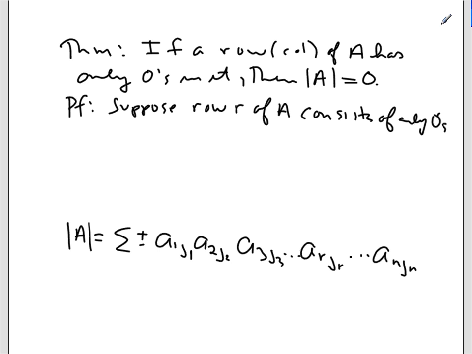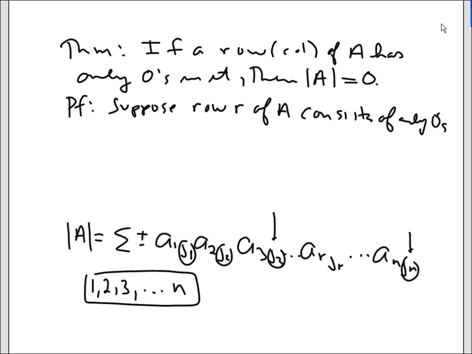Now remember, J1, J2, J3 up to Jn, the J1 through Jn is a permutation of the first n counting numbers. You know what I mean? If n was 8, one permutation might be 1, 3, 5, 6, 8, 2, 4, 7.